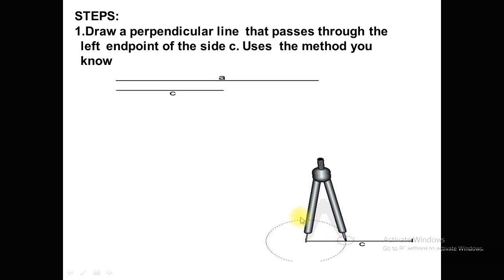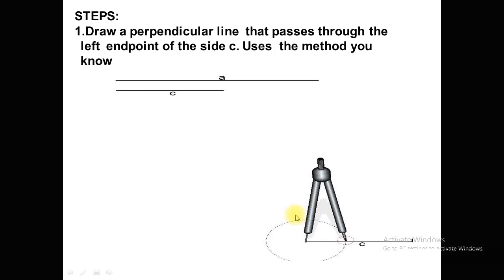Now for the 90 degree angle, open the compass, put the compass at this point and draw an arc. Now put the compass at this point and draw another arc, and then put the compass at this point and draw another arc. Now bisect this last arc.